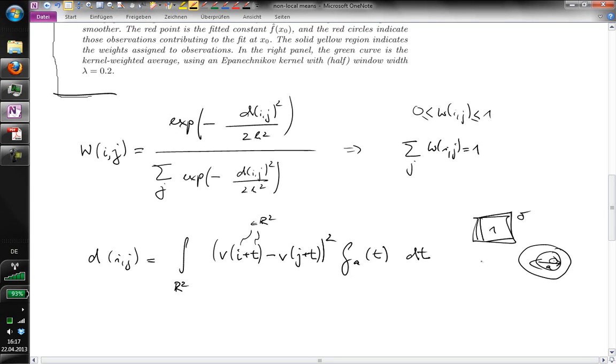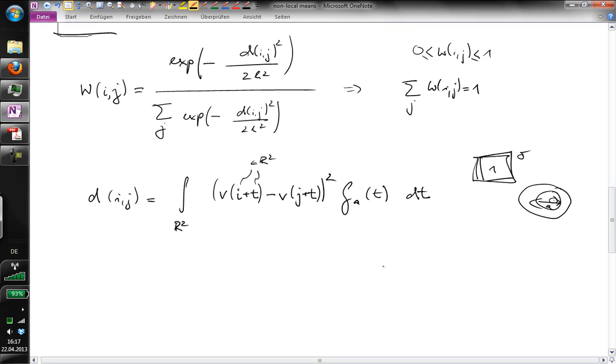Why do I apply the Gaussian twice? The first here has to do with tapering the distances. So let's say I have my original image.